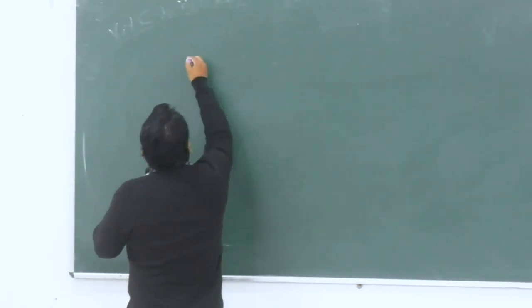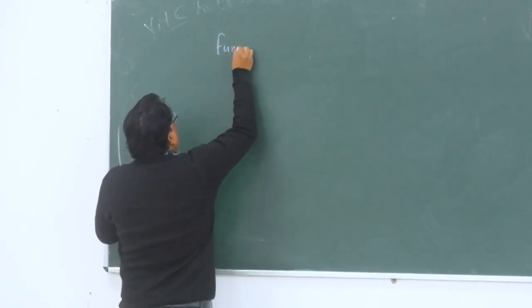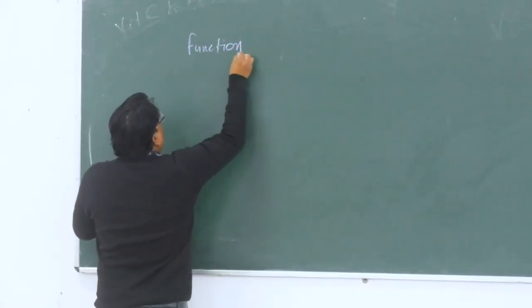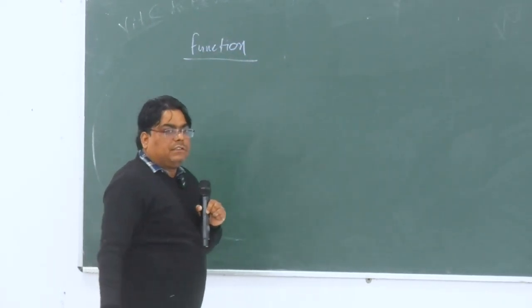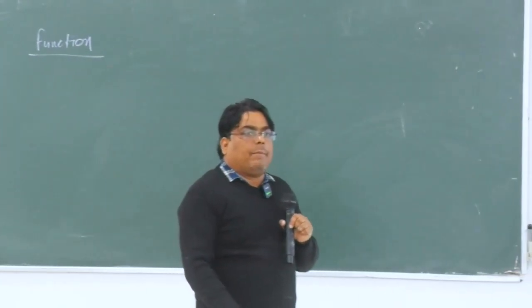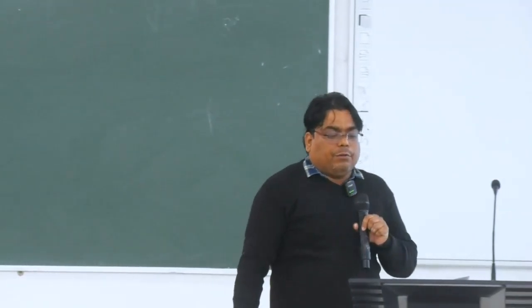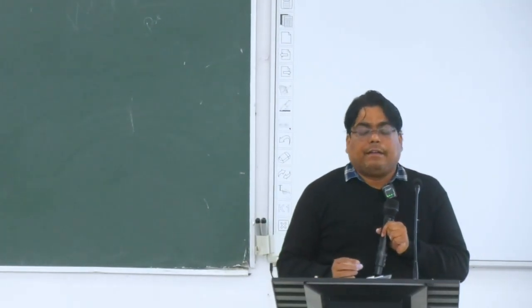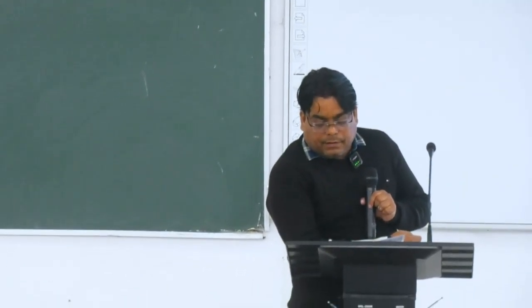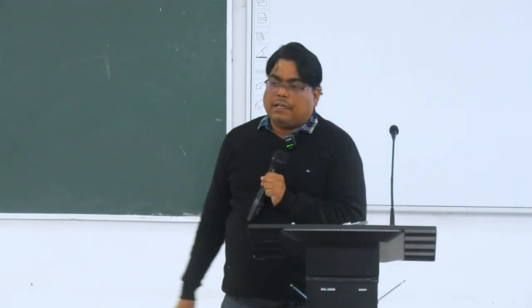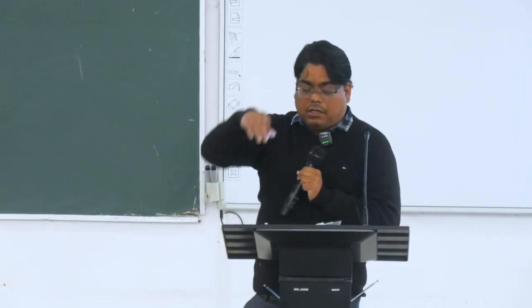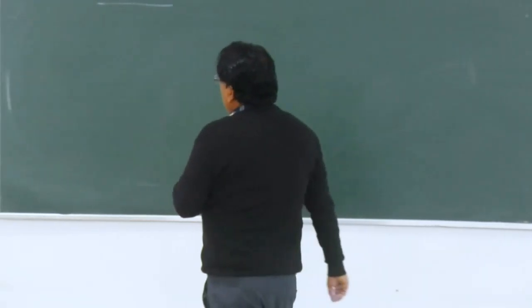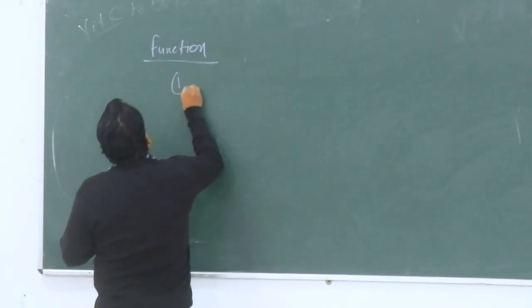Now functions. The major functions of ammonia: it is used for the synthesis of pyrimidine and purines, amino sugars, glycosaminoglycans, acid base balance and non-essential amino acids.